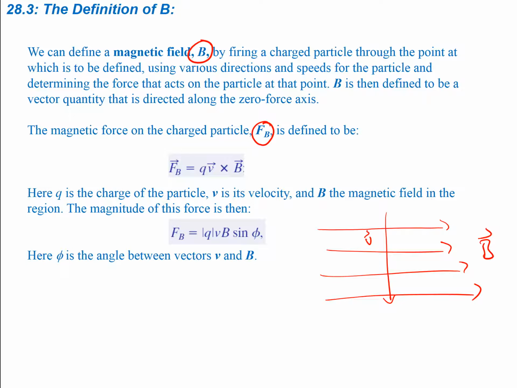The magnitude of this force is then simply going to be q v B sine of phi, which is just the equation for a cross product. Here phi is the angle between your velocity and your magnetic field vector. In this case, it would be 90 degrees, right? The velocity and the magnetic field are 90 degrees to each other.